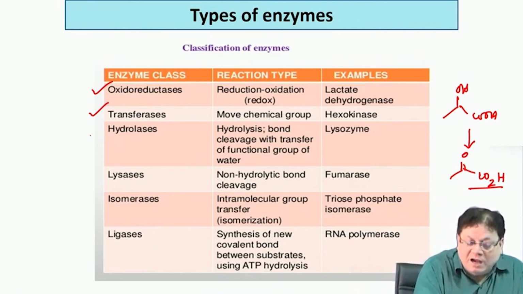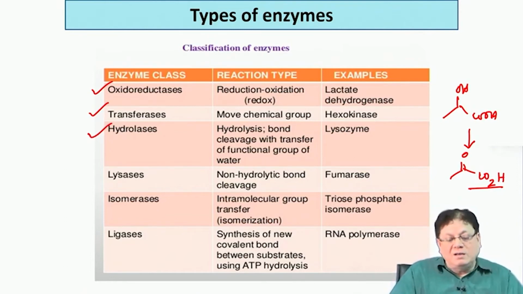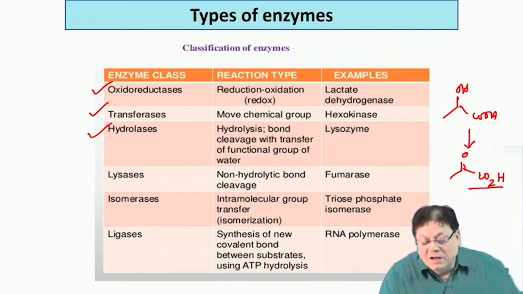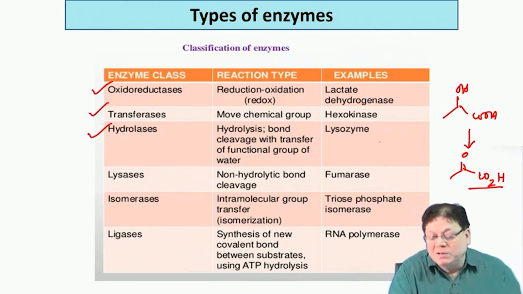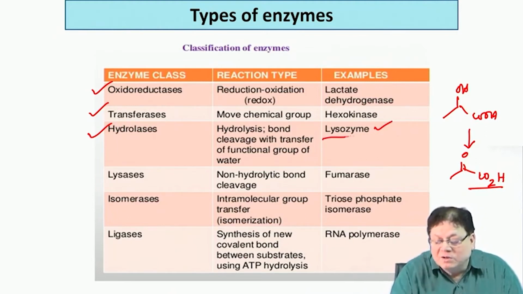Then hydrolase. Hydrolase you already have some idea, like the protease, they hydrolyze the peptide bond. It could also be other types of hydrolase. So, there is a specific group, that means when bonds are broken by water, those enzymes are called hydrolases. There are many enzymes, lysozyme is one of them, we have chymotrypsin, trypsin, pepsin, so many. Lysozyme is quite interesting.